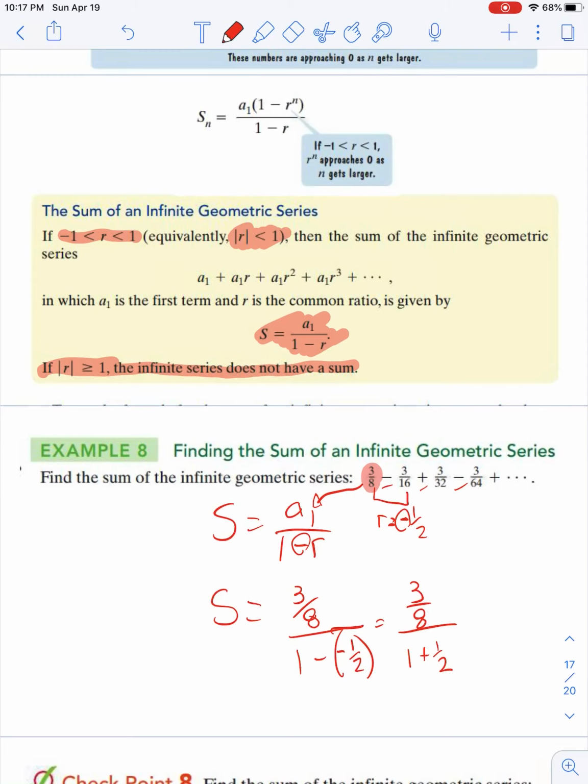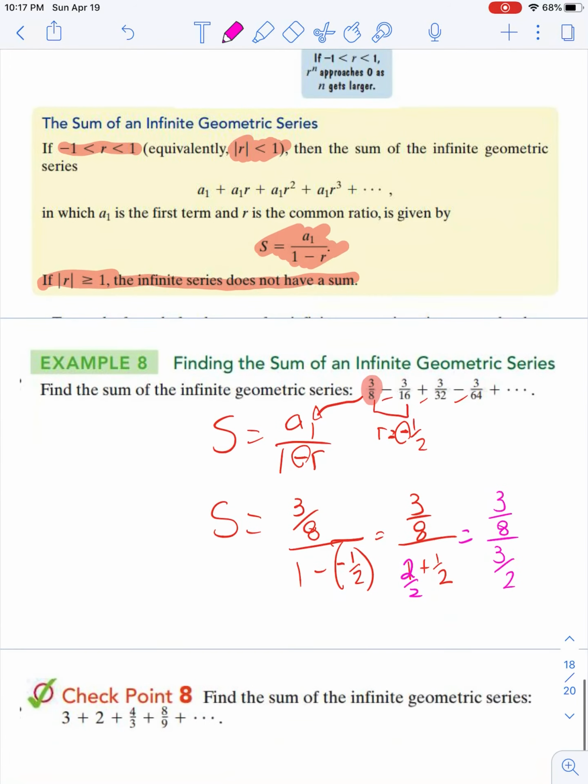Now I can always rewrite 1 as 2 over 2, and what will happen is I get 3/8 over 3/2. At this point, we have two fractions, so we're going to multiply by the reciprocal, and we get 3/8 times 2/3. What happens with our 3s? They cancel, and we're left with 2/8 or 1/4.